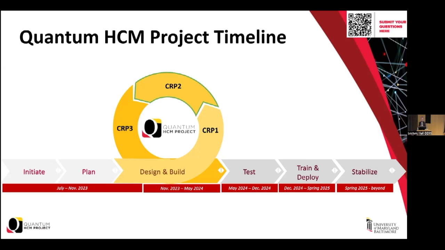Then we move into the testing phases, where we will start testing the end-to-end product. Since this is the HCM system, that's the hire-to-retire life cycle and all the other channels that run around it: payroll, labor distribution, reporting. All of those will start to be tested in the testing phase.